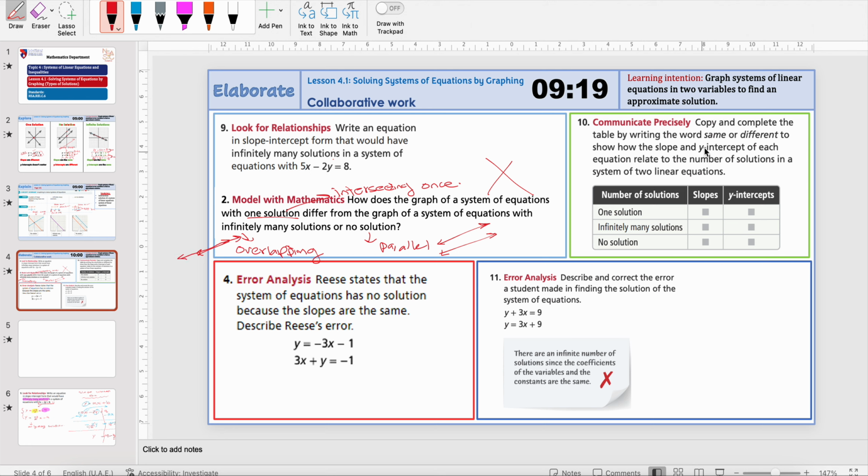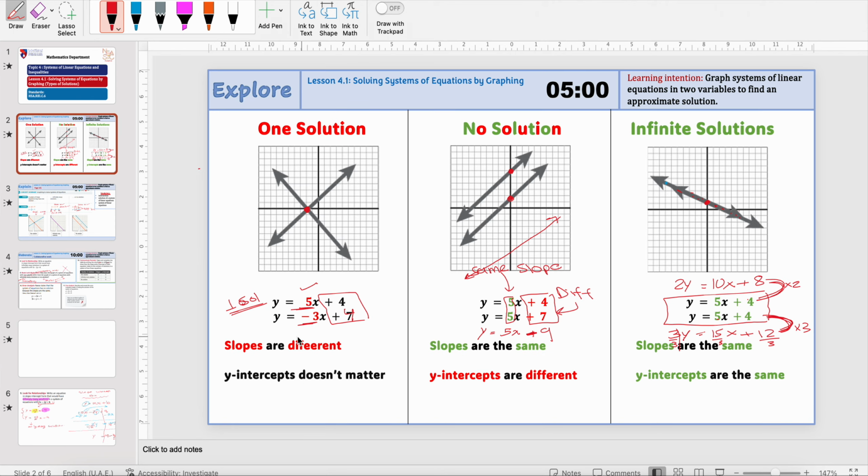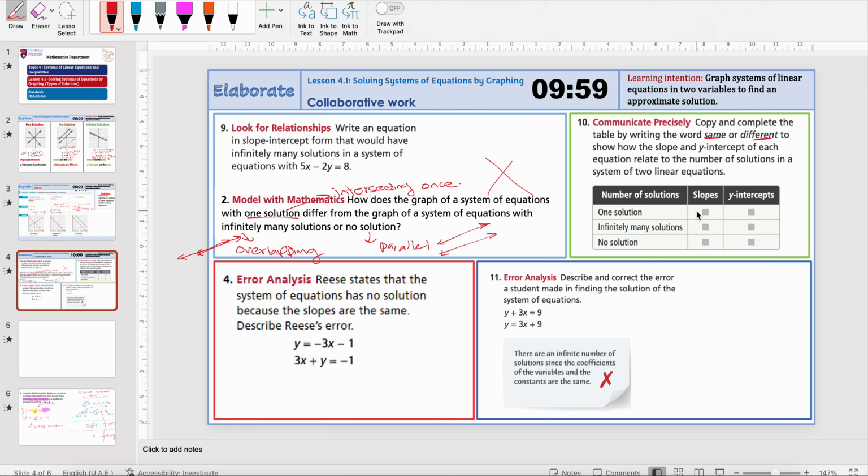Now here, copy and complete the table by writing the word same or different to show how the slope and y-intercept of each equation relate to the number of solutions in the system of two linear equations. If you remember, for one solution, the slopes must be different.